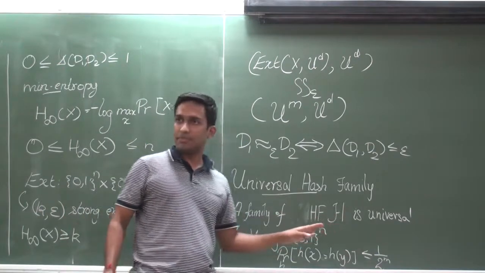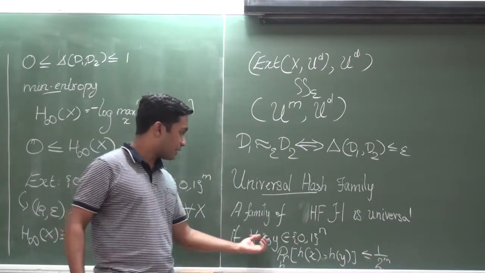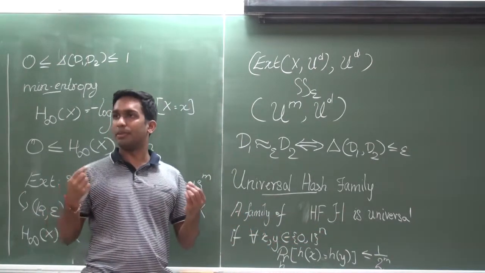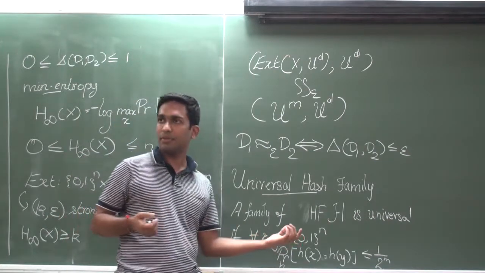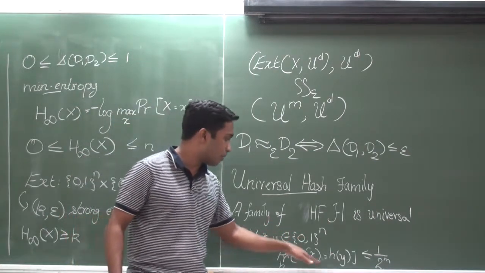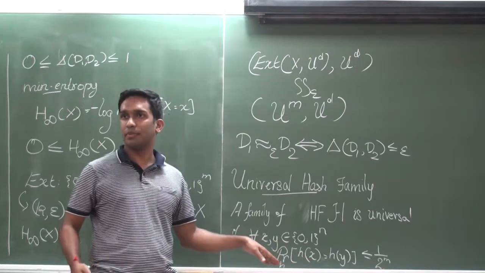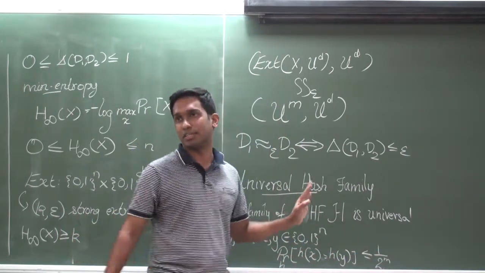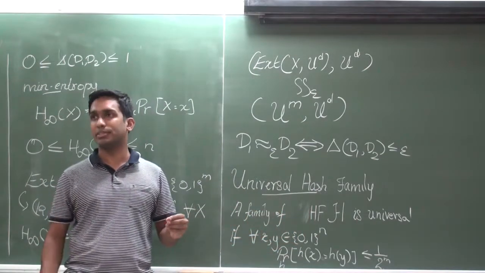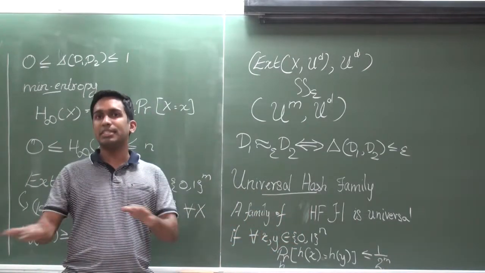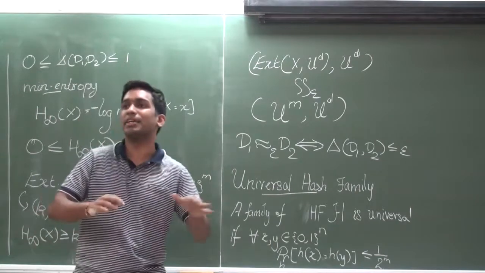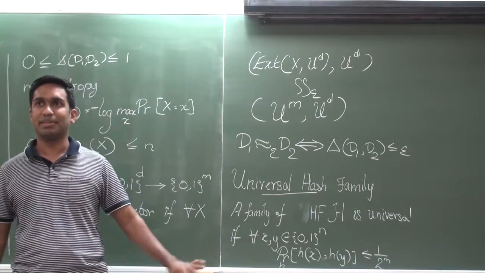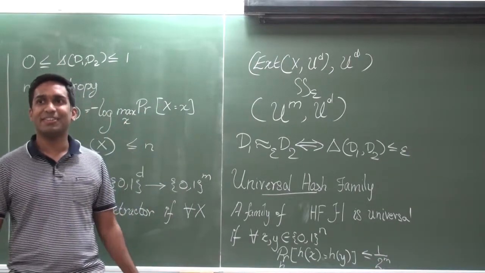It is called universal if you take any two strings, the probability that both of them will collide is bounded by 1 over 2 raised to m, where m is the output length of the hash. It's just saying that the number of collisions in each bucket is kind of balanced. That's it. Nothing more you have to know.